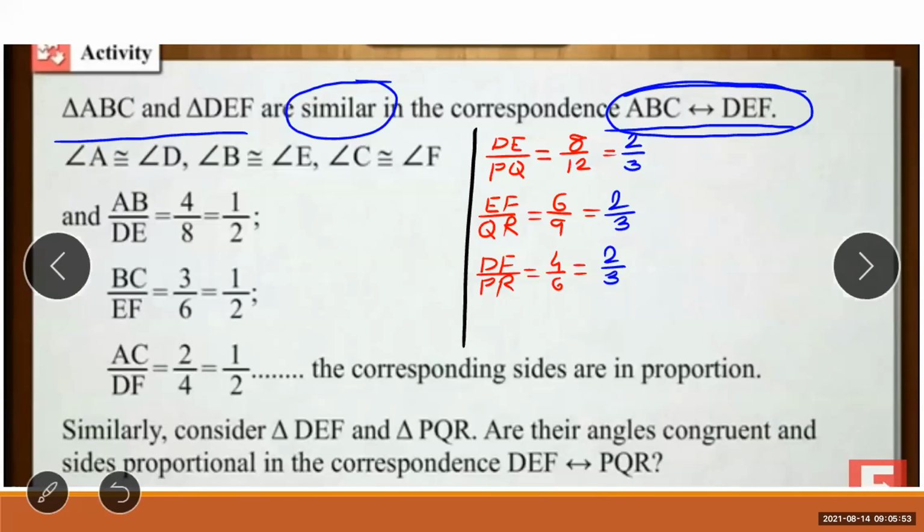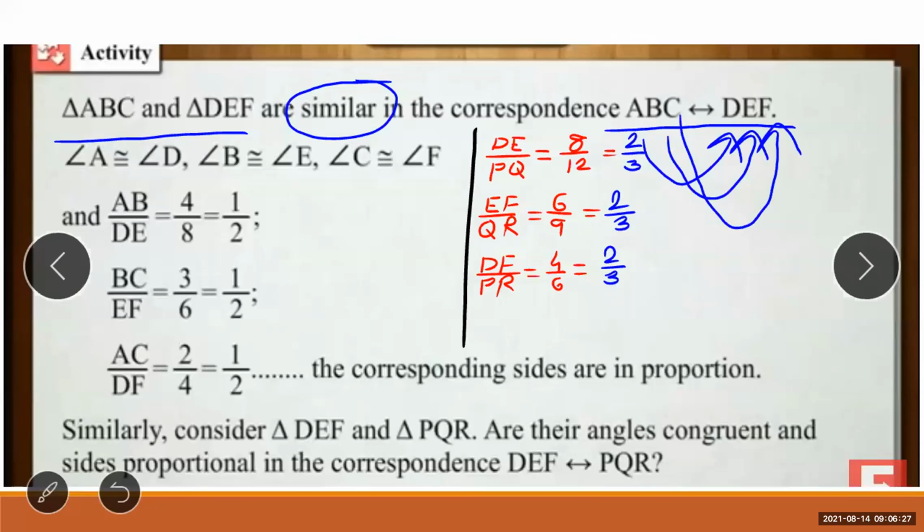Means the first vertex of the first triangle pairs with the first vertex of the second triangle, and the last vertex C will pair only with vertex F, with one and only one vertex of the other triangle.